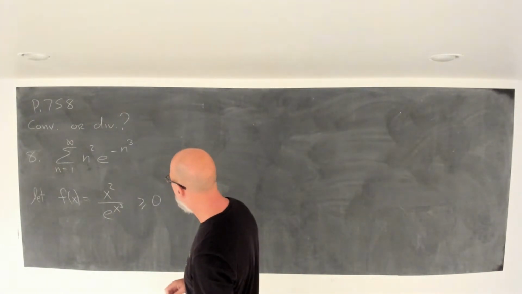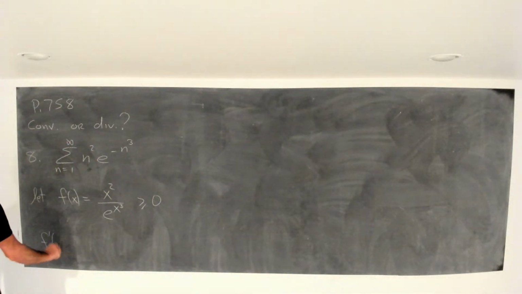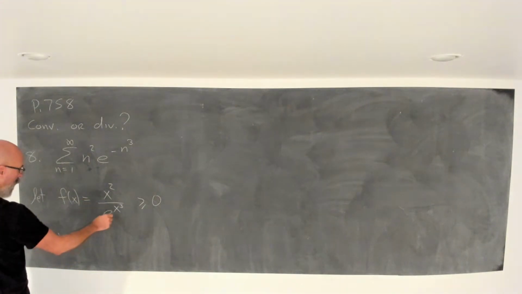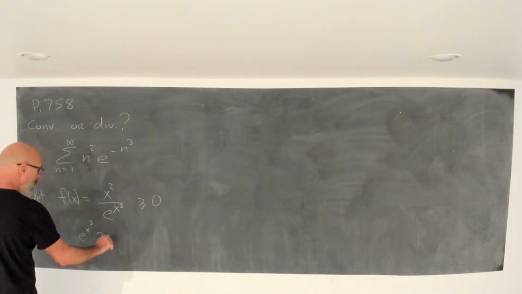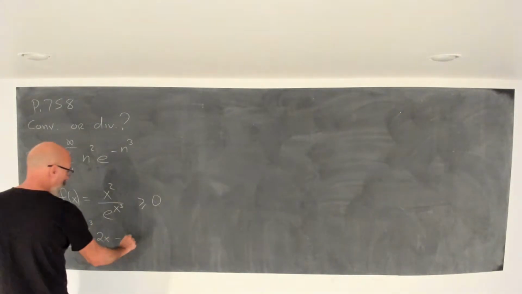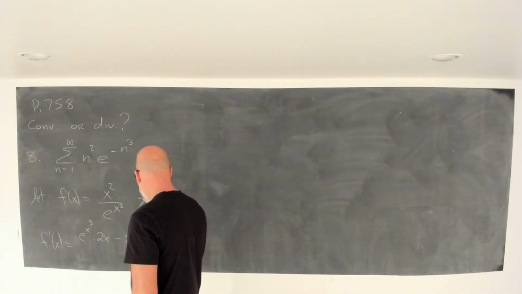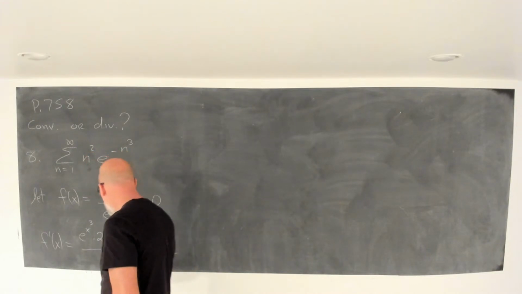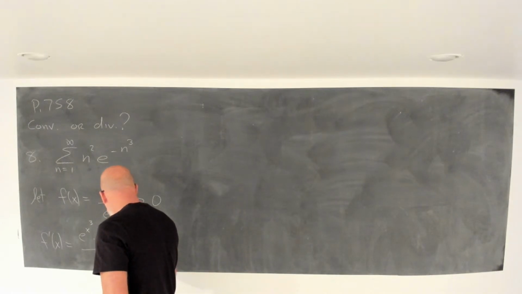Let's check for decreasing by taking the derivative. The quotient rule applies: v u prime minus u v prime, all over v squared.